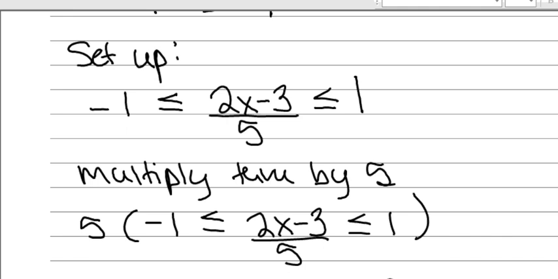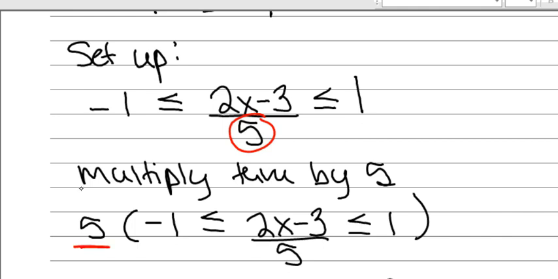So remember, I make it a compound inequality with a negative 1 on the left side and a 1 on the right side. And I take my absolute value out and put that in the middle. Now, I don't like this 5 sitting down here. I'm going to get rid of it.